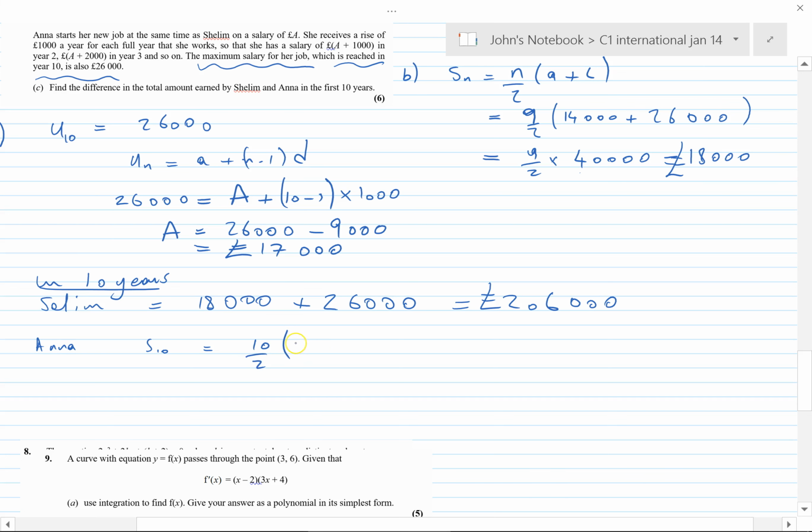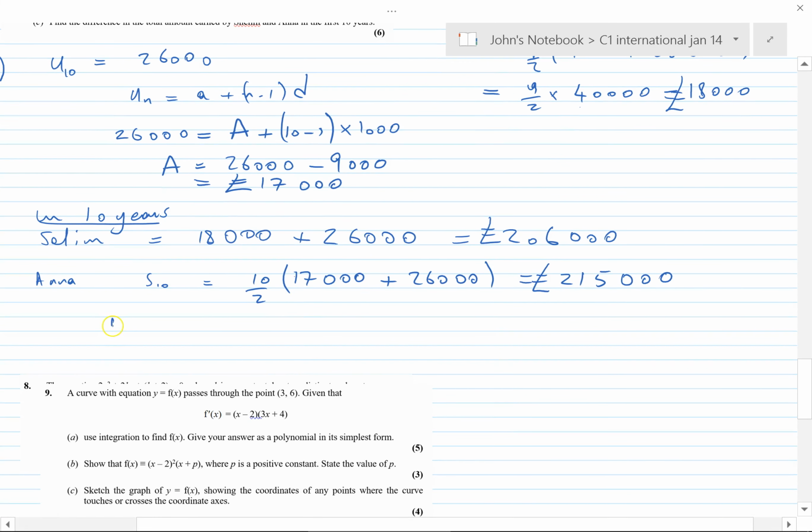The starting salary, as we've worked out, is 17,000 plus the final salary, which is 26,000, and that, when we work it out, is equal to 215,000. So the difference between these two is equal to 215,000 take away 206,000, which is equal to £9,000.